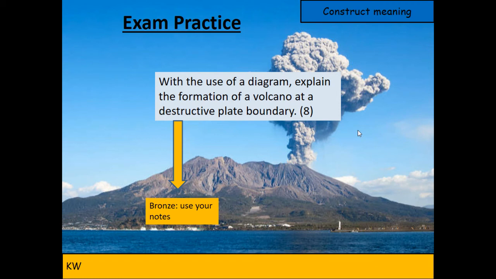If you want to pick a volcano, fine. Remember, you need to include different types of plates, how they are subducted, why they are subducted. Could you give an example of one? So a destructive plate boundary, you've got around the Pacific Ring of Fire. You've got like the Andes. Again, that's part of the Pacific Ring of Fire, but on the other side. Anything like that. Okay, so have a go at answering this question.